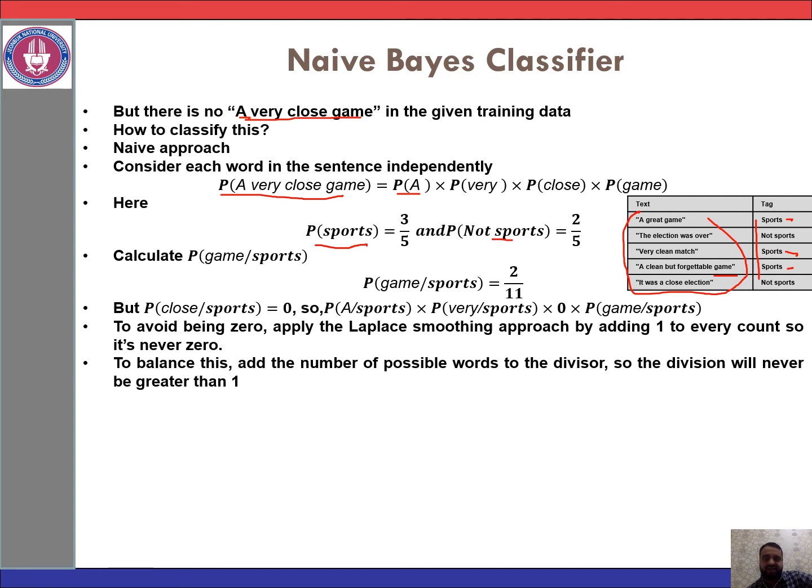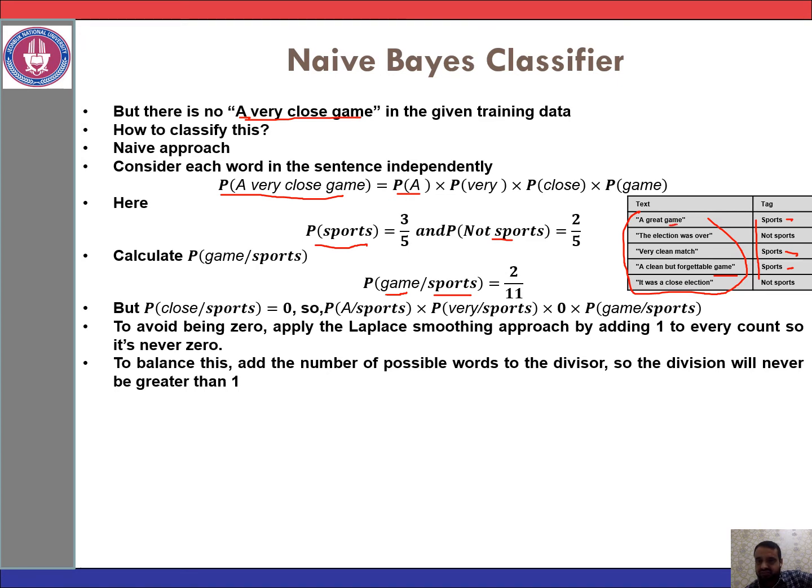If we find the probability of each word given it is sports, consider the word game, probability of game given that it is sports tag, so we will find the repetition of game under the tag of the sports sentences. So here we can see that game is repeated 2 times under the sports tag.